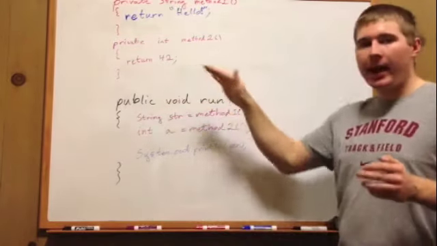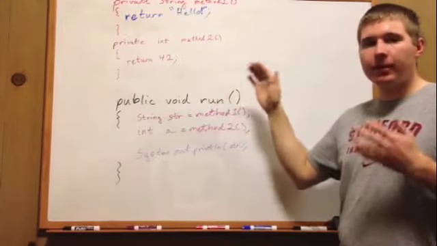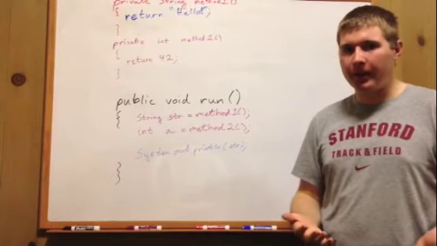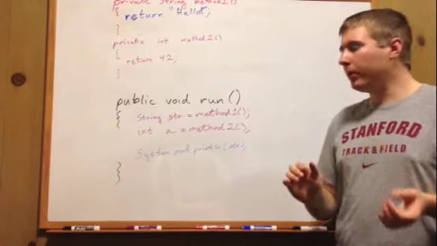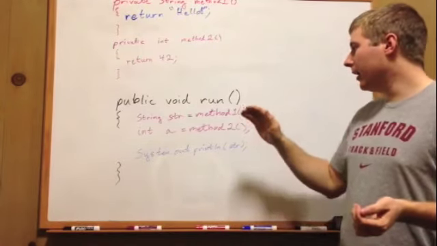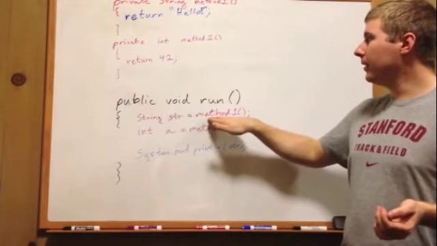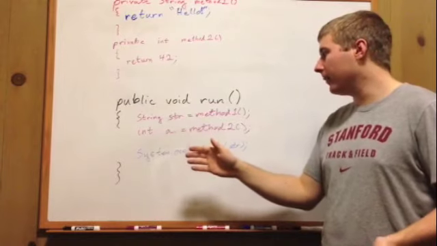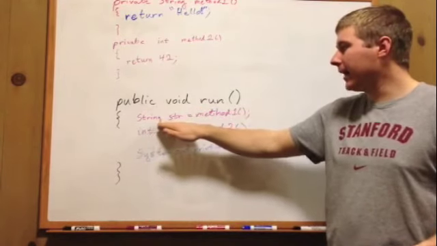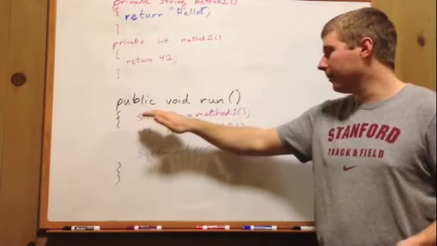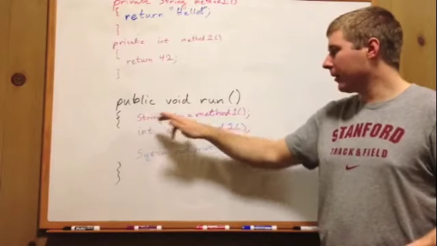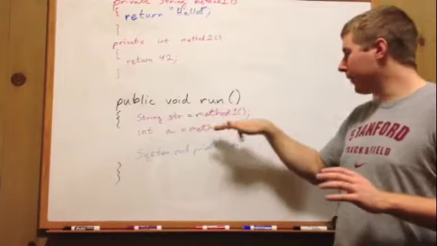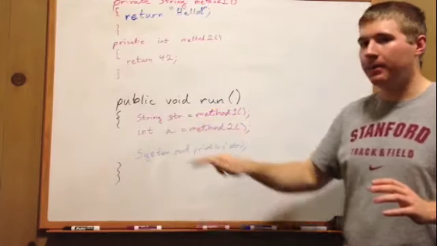Okay, so let's take a look at how this can be useful. Let's say we have our main method, which is run, and let's say we want to print out a value. So what we can do is call a method. In this case, if we want to get a string value, we can allocate a variable in this method, we'll call it str, and then we can store whatever we get from method 1 into str.